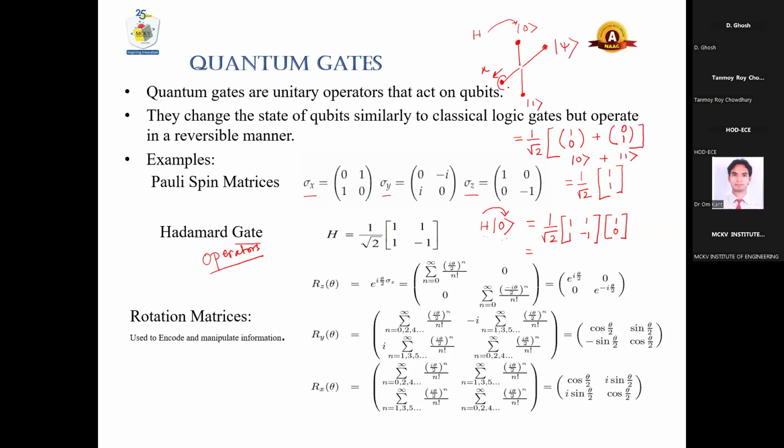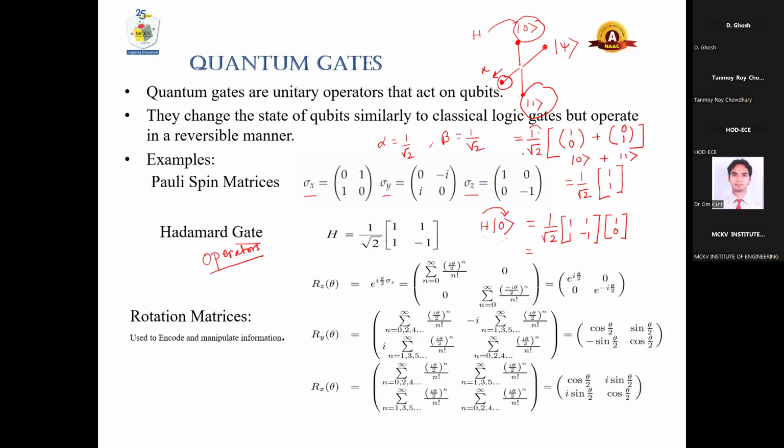That is, this vector is a superposition of this and this. So if you look at the coefficients, alpha is 1 over root 2 and beta is also 1 over root 2. This is what we have.